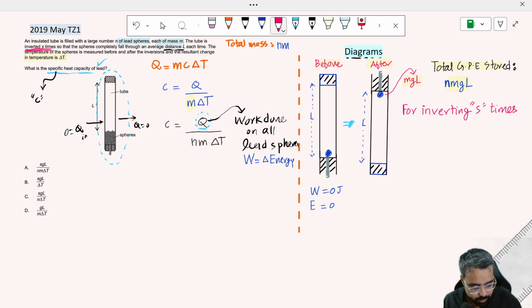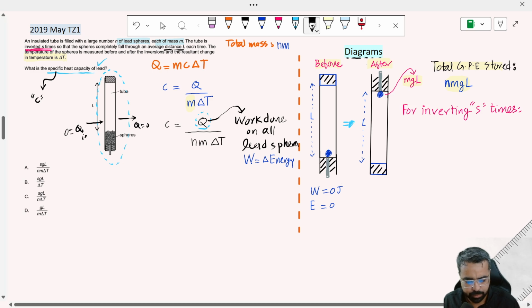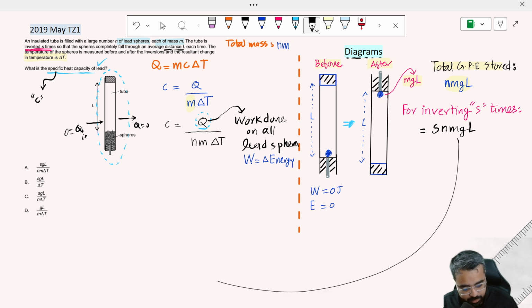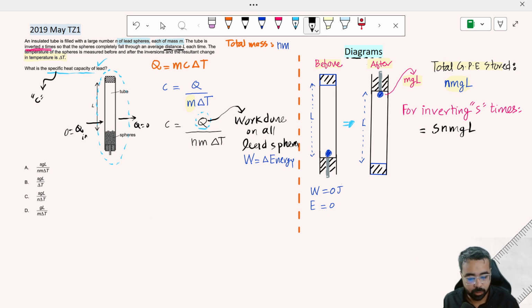It can be 10 times, 20 times, or 100 times. So in every turn, n m g L energy will be stored. So what will be the total energy stored in s times inversion? That should be s n m g L. Now I'm going to put this thing here, because s n m g L is the energy that will appear in the form of heat, as no energy is lost.